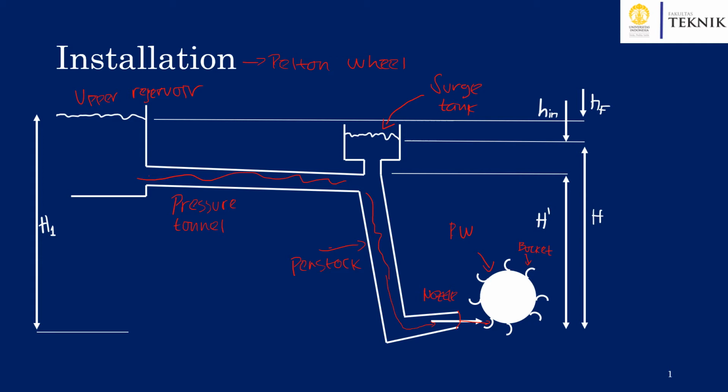So if there's any pressure increase in the flow to the Pelton wheel, the level of liquid here will rise to avoid this sudden pressure rise in the pipeline system.